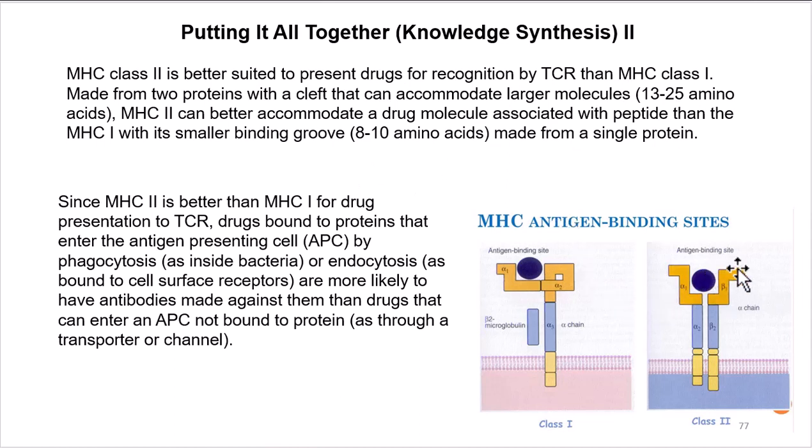And again, the MHC2 is made up of 2 different molecules, so it's much more adaptive and flexible. Because these can spread apart a bit, you can just imagine more flexibility with a larger binding area. And so one should expect that MHC molecules, which of course lead to antibody productions, can better accommodate drug molecules. And that will be the reason for most drug allergies.